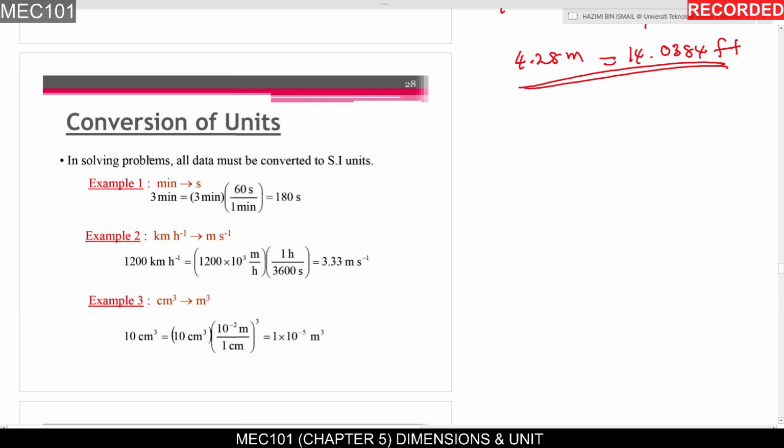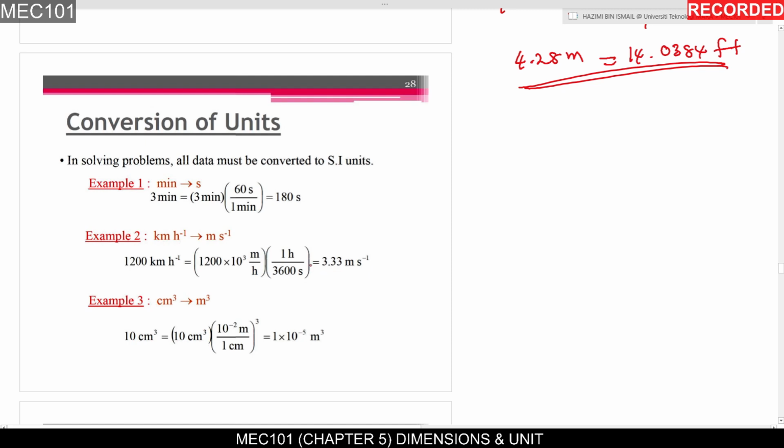Okay, these are examples of conversion of units. You try. If you still do not understand or have difficulty understanding the unit conversions, let me know. Ask me again. I will give you more questions and you have to do more practice. This still needs practice. You cannot look once, close the book and understand. You have to practice.